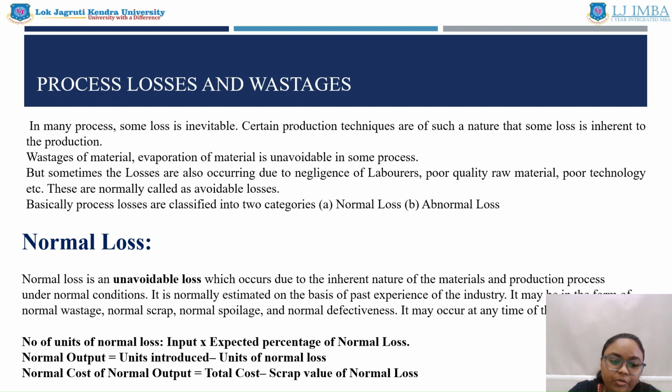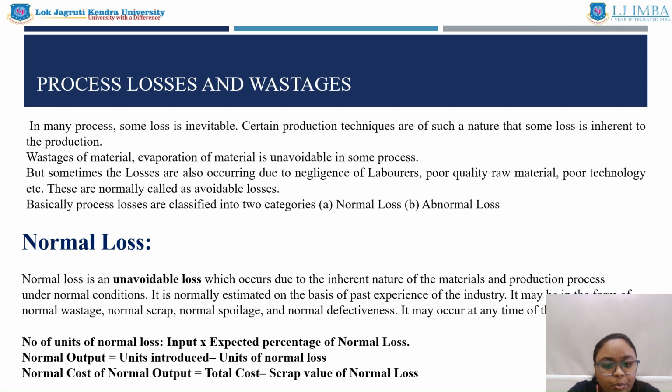Now you will find out your normal output. The normal output formula is units introduced minus units of normal loss. Instead of units there will be kg, because we are having the example of kg. So how many kg did you introduce? That is 100 kgs. Units of normal loss, how much normal loss you incurred? 1 kg.